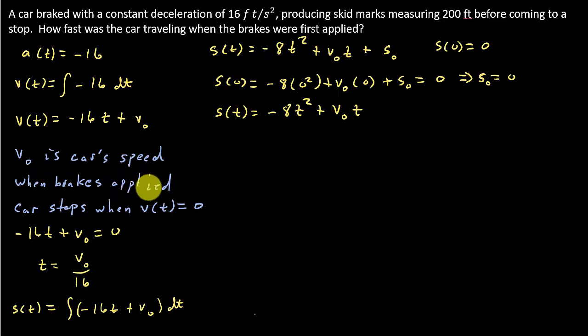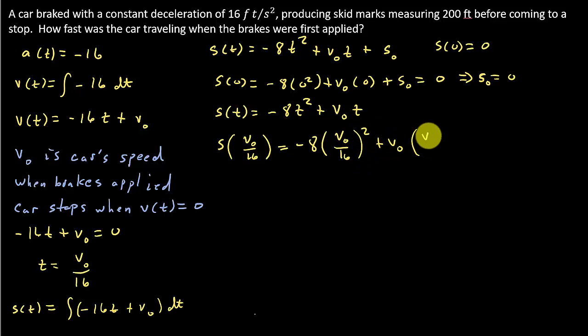What I do know is that s of v0 over 16, which is negative 8 times v0 over 16 squared plus v0 times v0 over 16, is equal to 200.